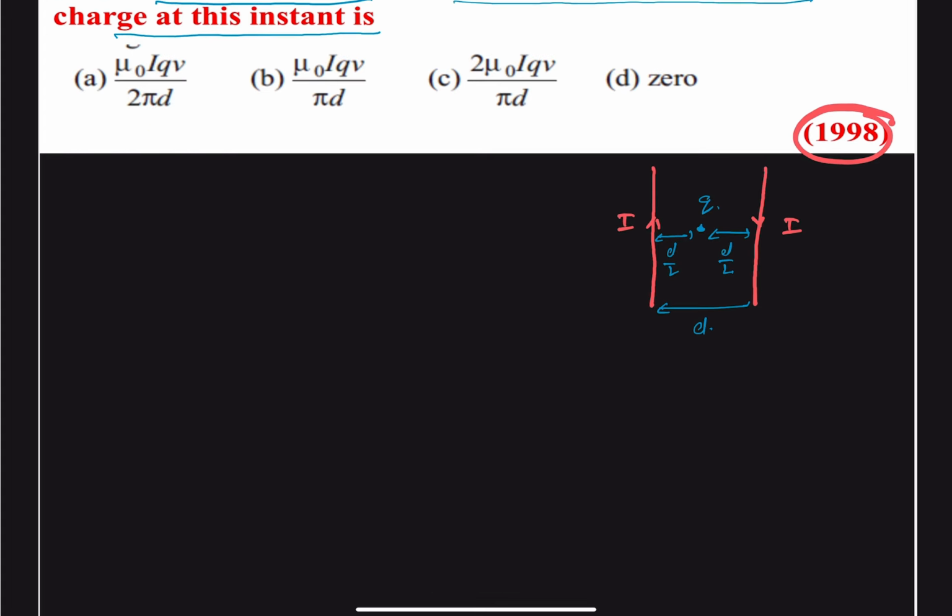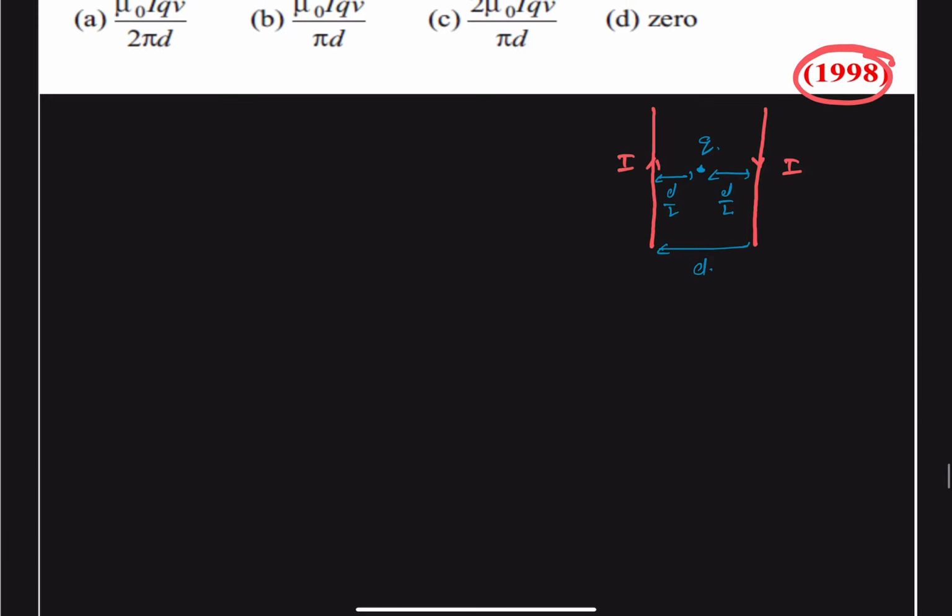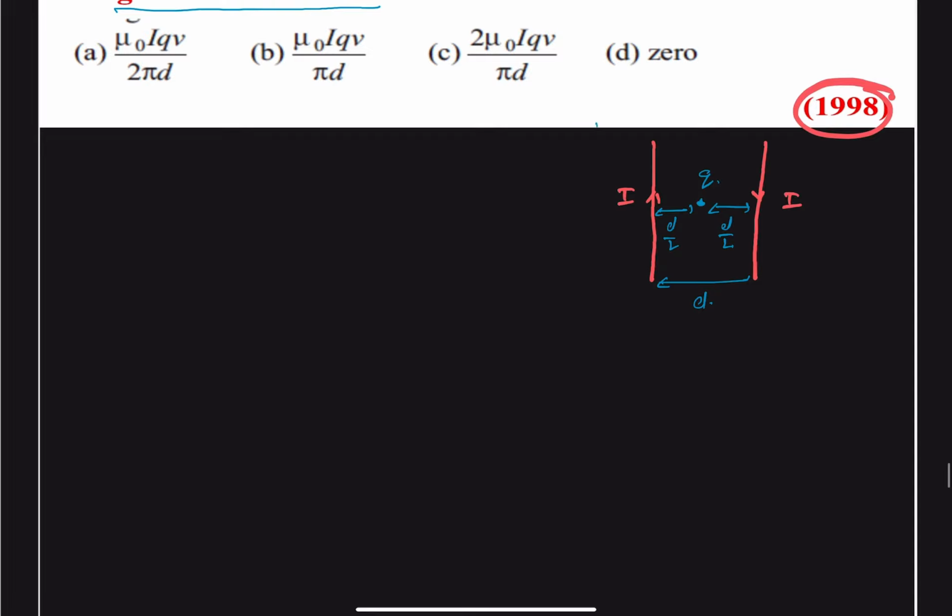Let us call the left side wire 1 and the right side wire 2, and this distance we already defined, so you need not define it again and again.